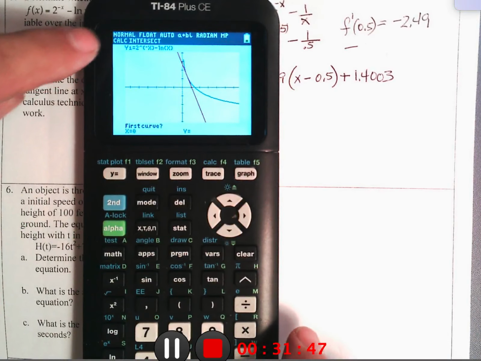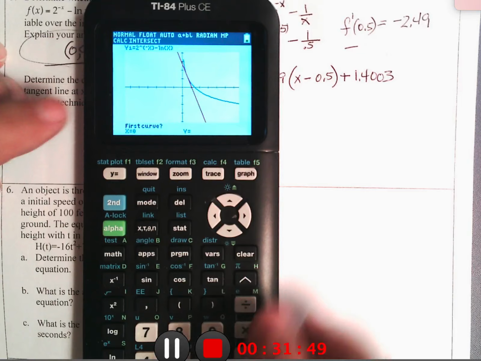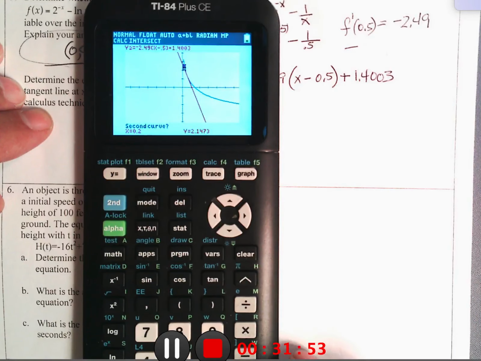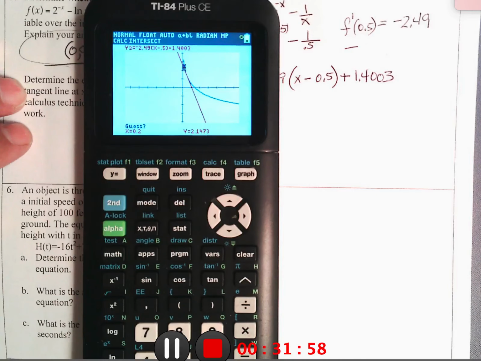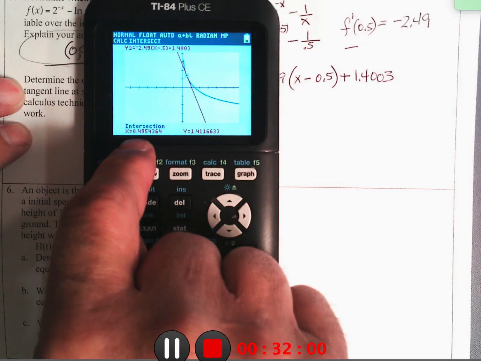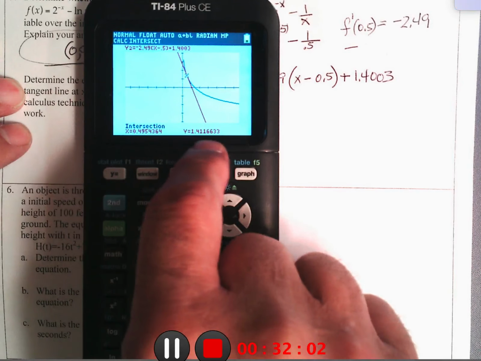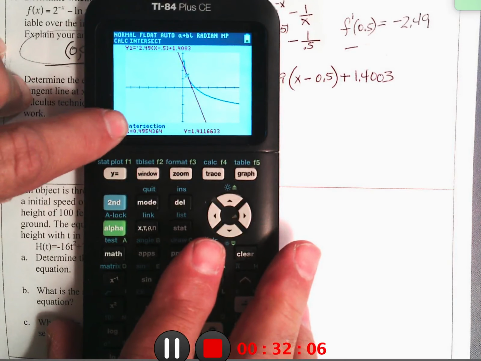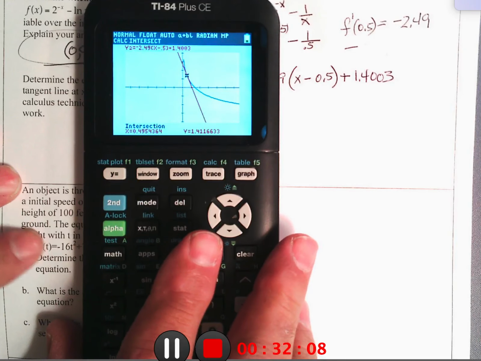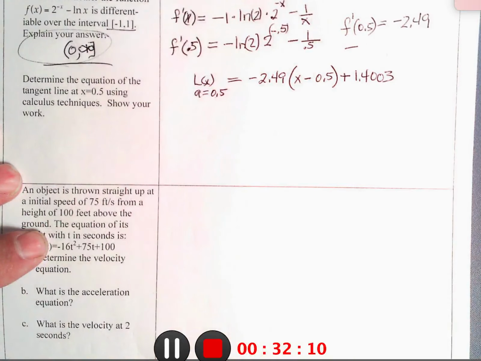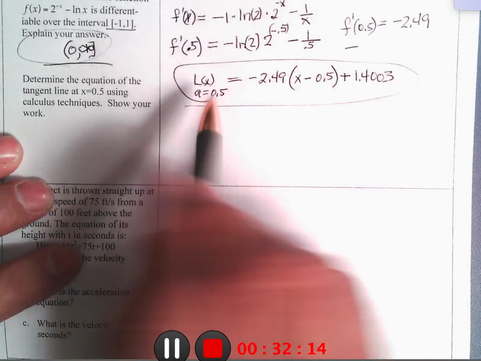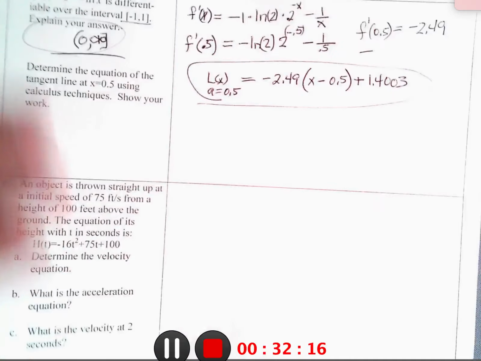First curve is, well, I got to move over on it. There's the blue curve. There's the second curve, and my guess 0.2 is okay, and it says they intersect at 0.495. Yep, that's close to 0.5. All right, so there's the equation of the tangent line they asked us to do.